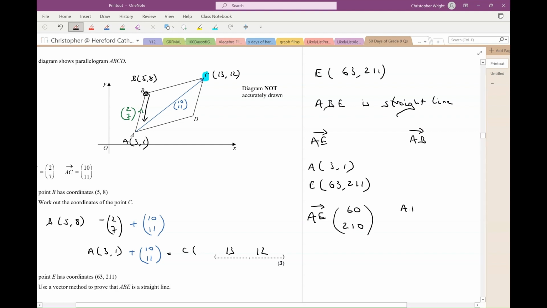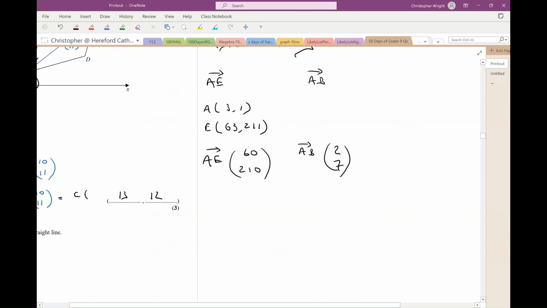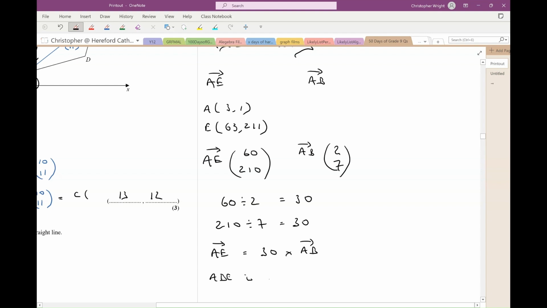The vector AB is (2, 7). So let's see whether or not AE is a multiple of AB. And it is, because 60 divided by 2 is 30, which is the same as 210 divided by 7. So I can say that AE equals 30 times AB, which means that ABE is a straight line.